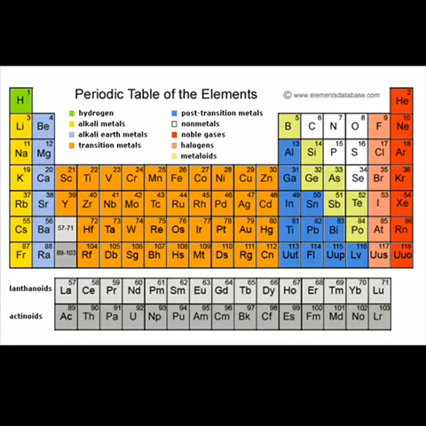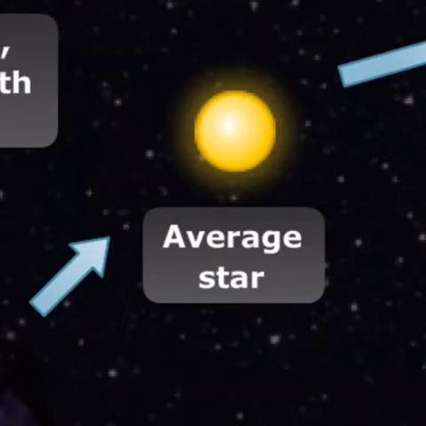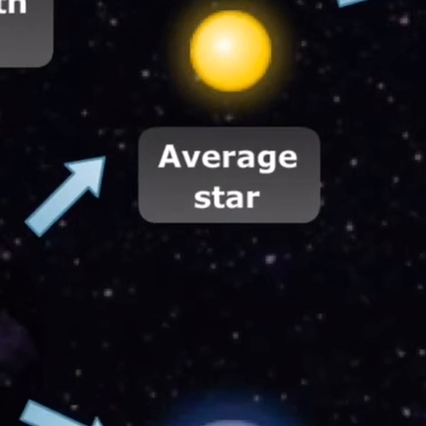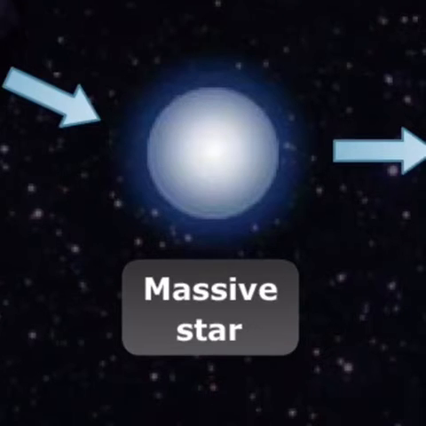So if nuclear fusion within a star is incapable of creating heavier elements past iron, where do these larger elements come from? For this, we need to focus not on average size stars, but on these much larger massive stars. Even within a massive star, iron continues to build inside at its core.